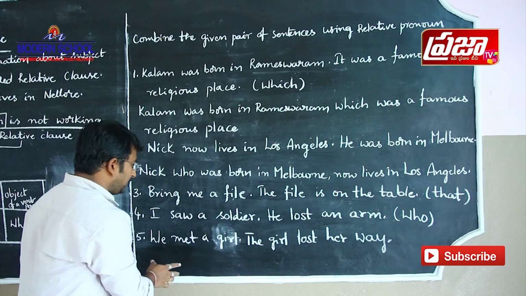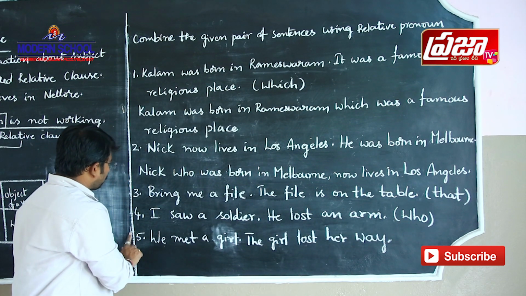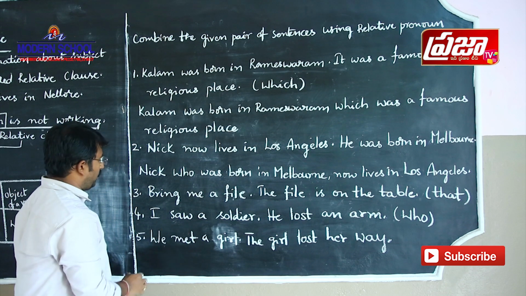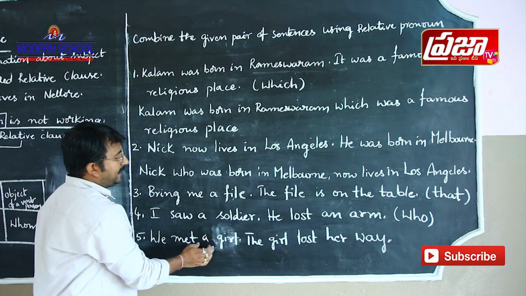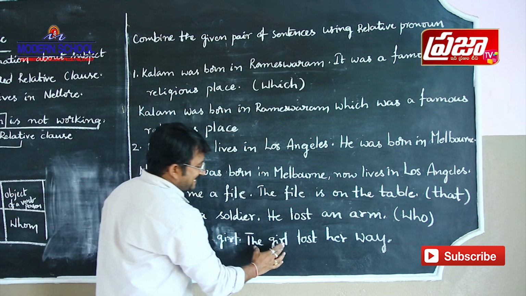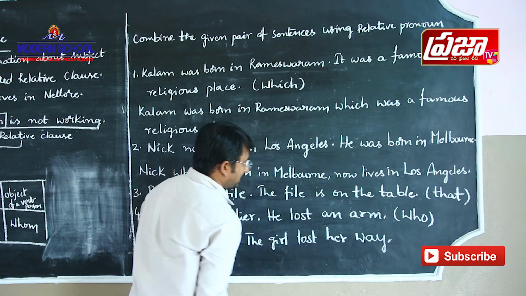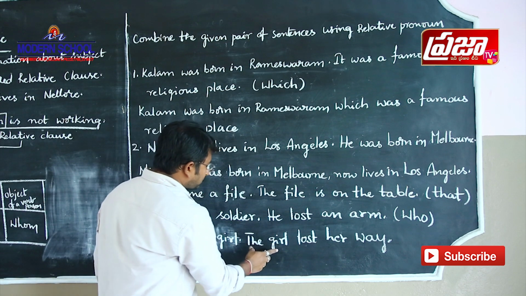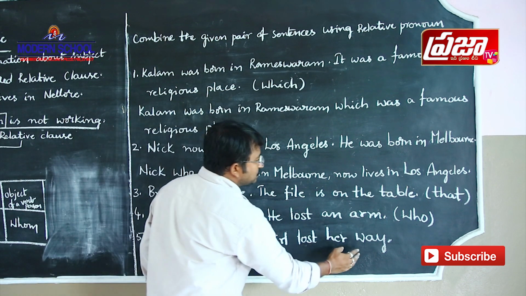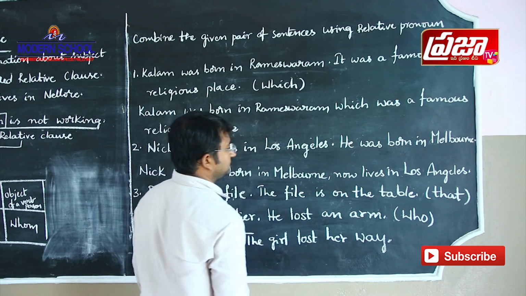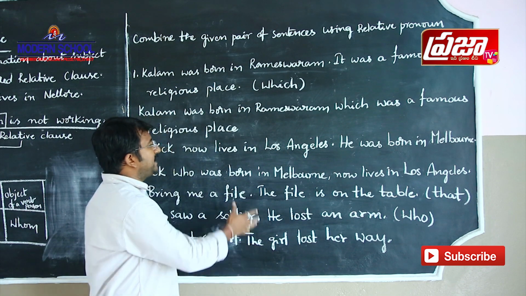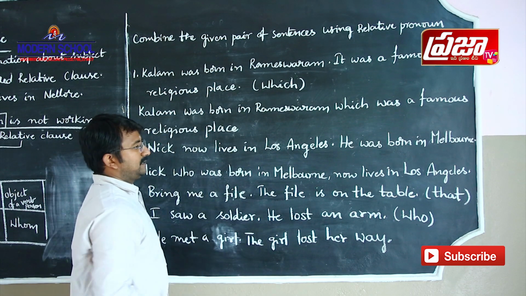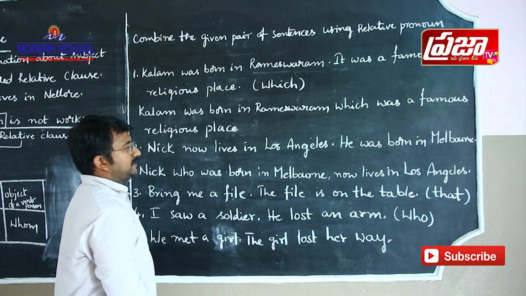And the other question is: we met a girl is one sentence, the girl lost her way is another sentence. You have to combine both sentences using the relative pronoun who. Complete these three examples and come to the next class.